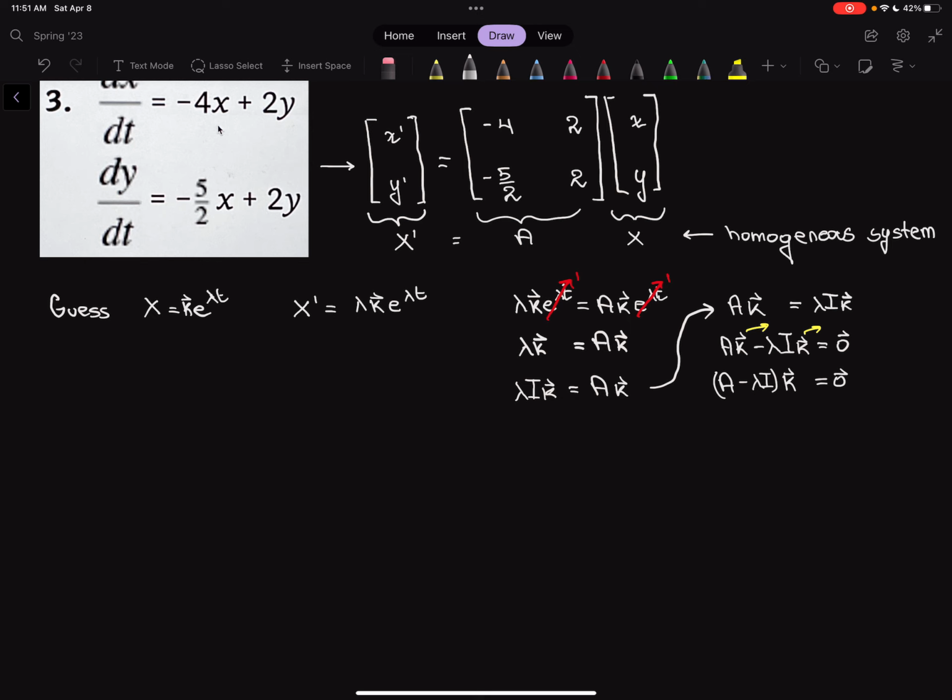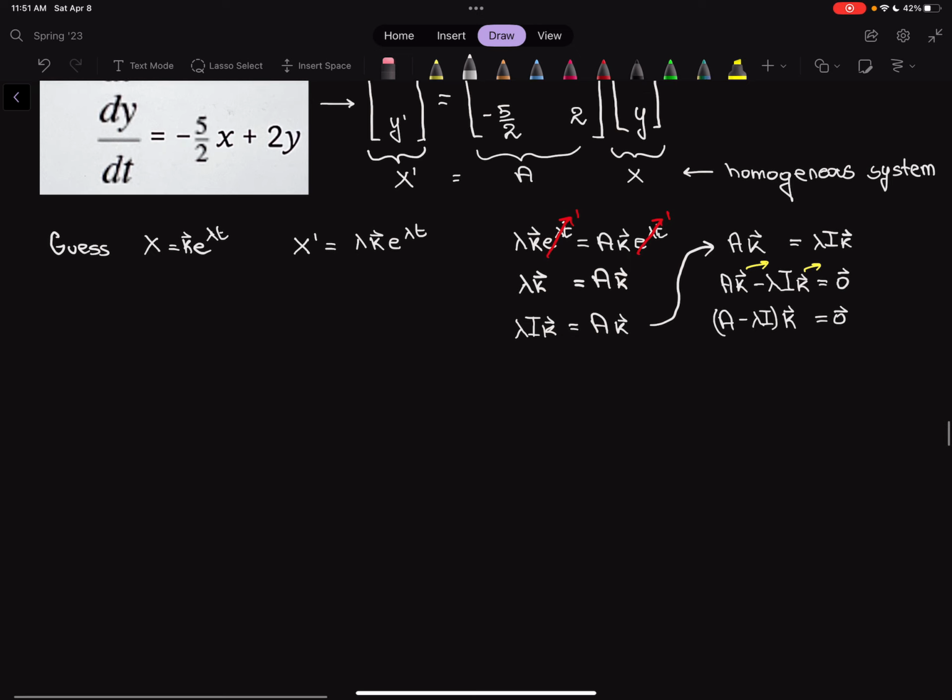So how can this happen? Well, there are two ways. Either k is equal to the 0 vector, and then whatever transformation you apply to it, it's going to stay the 0 vector.